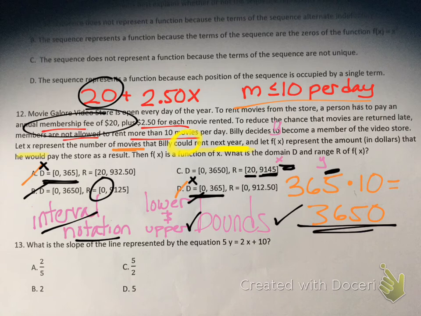Oh, but you would also have to add the 20 from the membership fee as well. So in choice B, the range has a 0, implying that you could spend no money. But that's not true. You have an annual membership fee of $20. So no matter what, you're going to have to spend $20, even if you don't rent any movies. So that's why it's choice C.